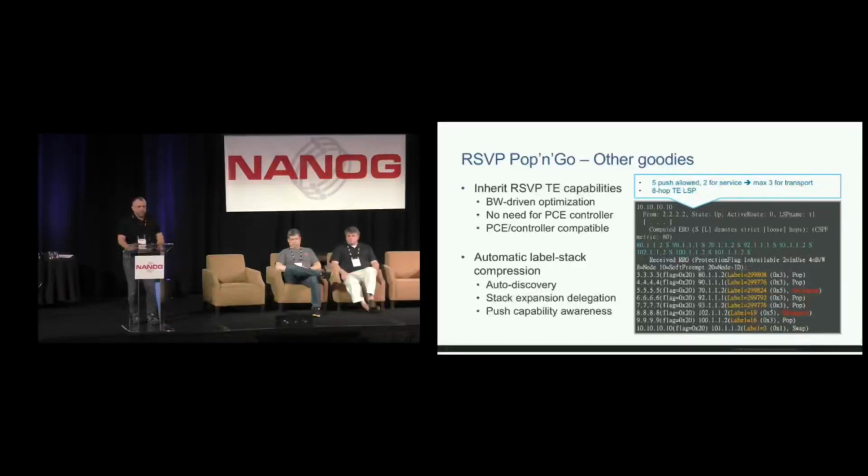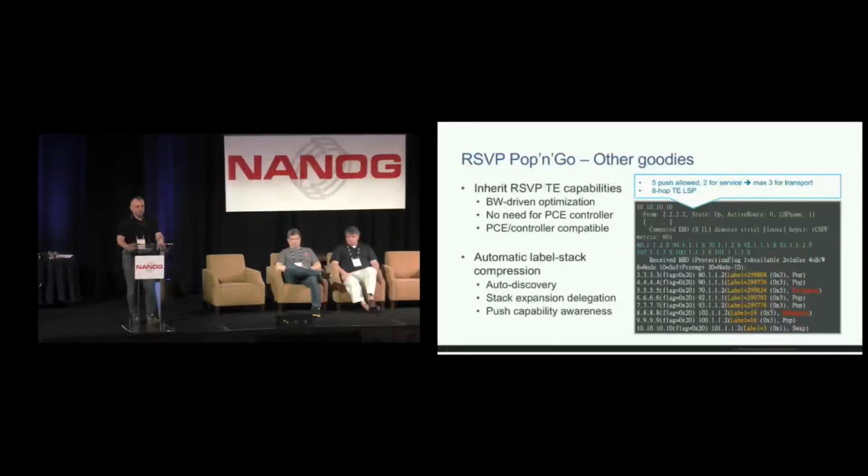The other very important problem which this RSVP Pop and Go extension solves is delegation of label stack compression. If you were at Ron's talk yesterday or on Monday, you realize that the label stack could be deep, and that's a problem because of the MTU as well as because of hardware support.